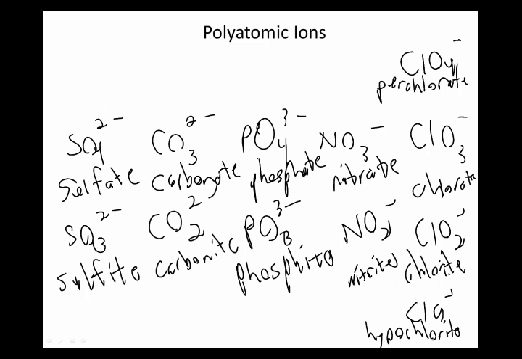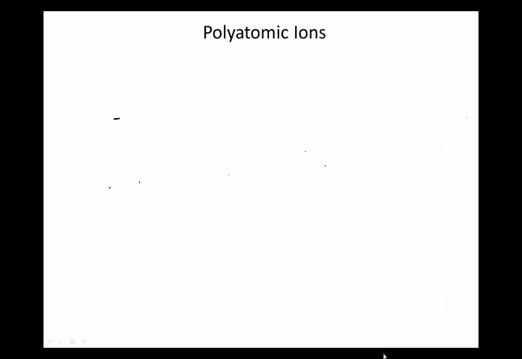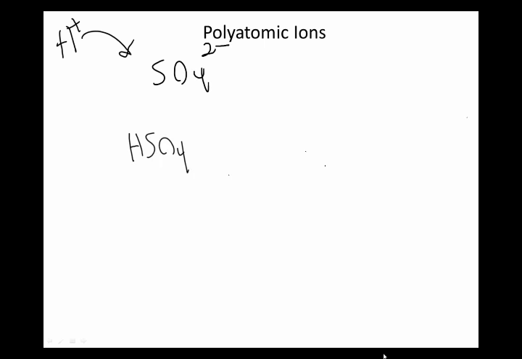So now let me show you something else here. Let's take the polyatomic ion sulfate. Something kind of interesting happens. I can put H plus ions on the front, right? So if I put one H plus ion on the front, I get HSO4. How is this going to affect the overall charge?